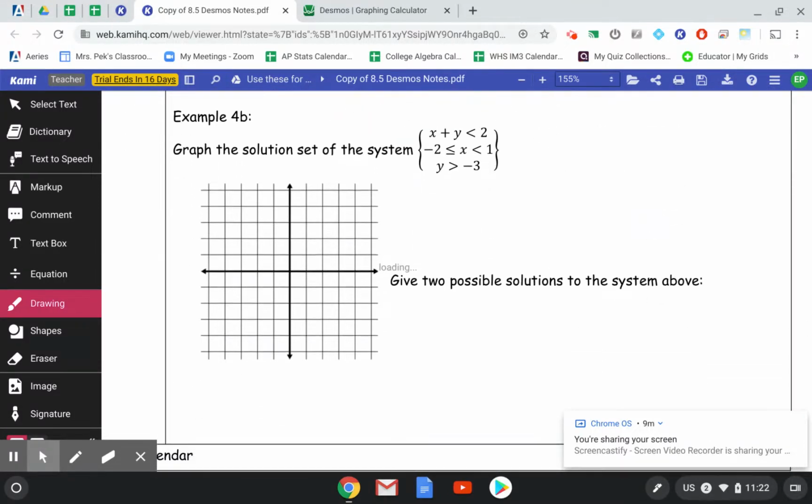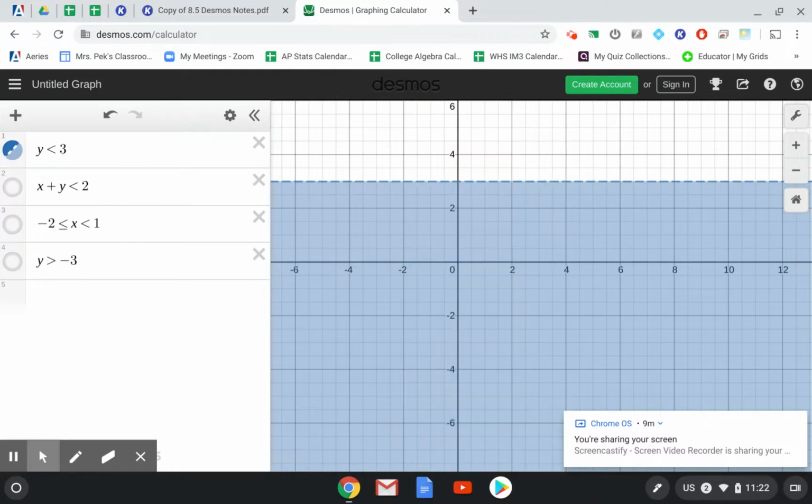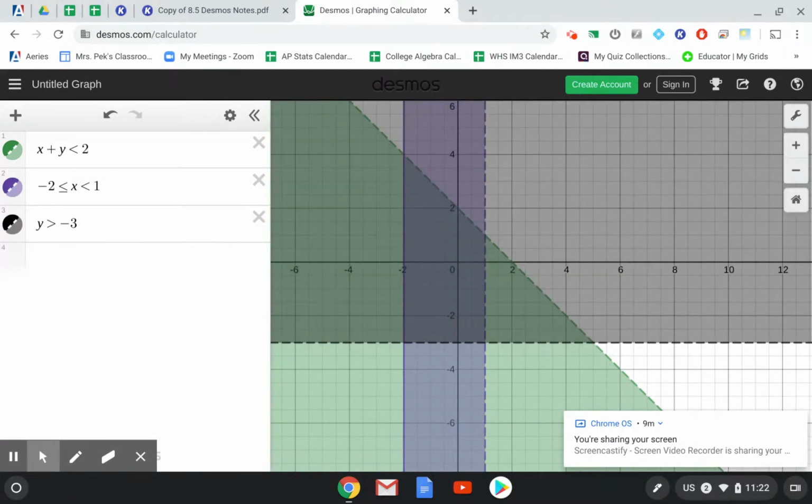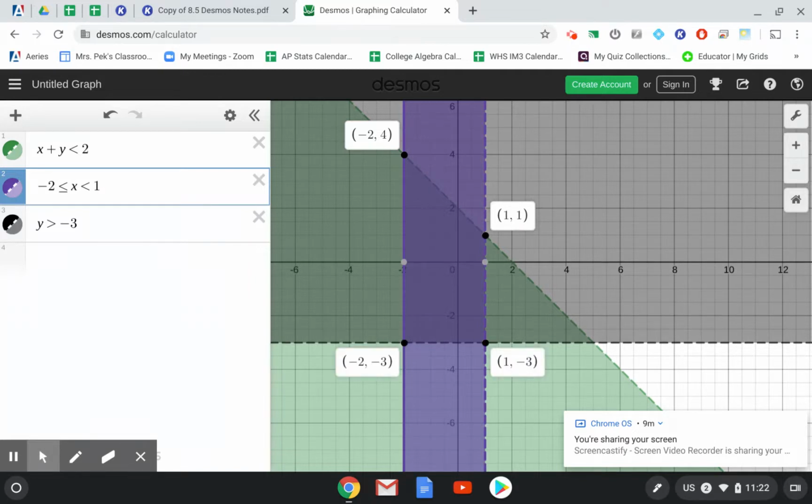All right, last example. Just to see another one here, we have x plus y is less than 2. X is between -2 and 1, and y is greater than -3. So again, I want to look at the points of intersection, kind of where my trapezoid in the middle there, again, it's a trapezoid.